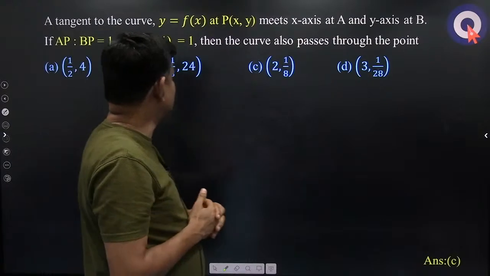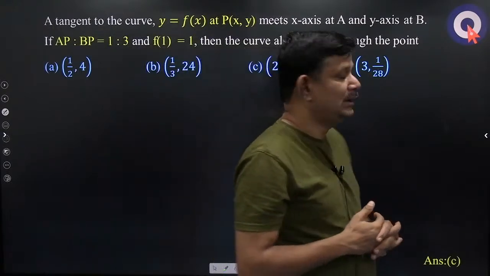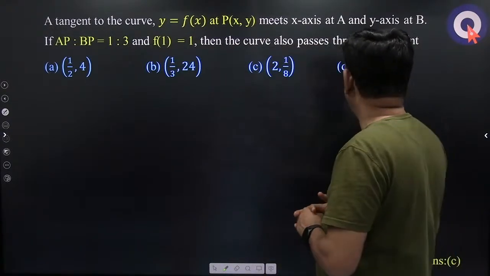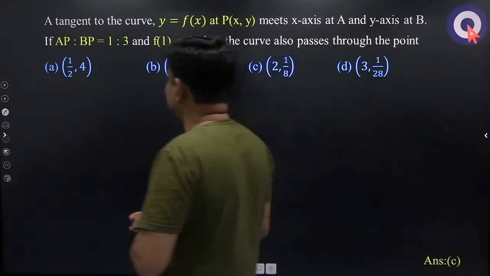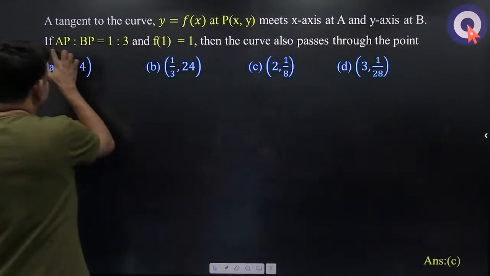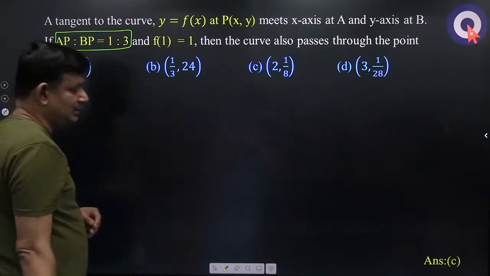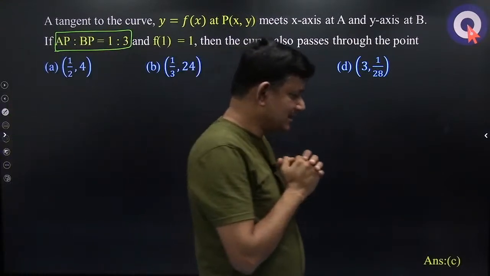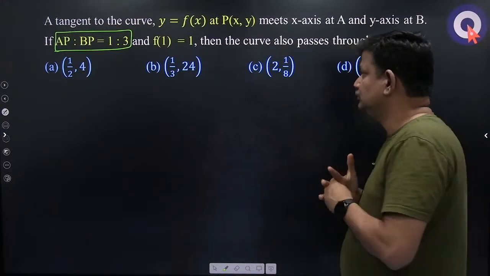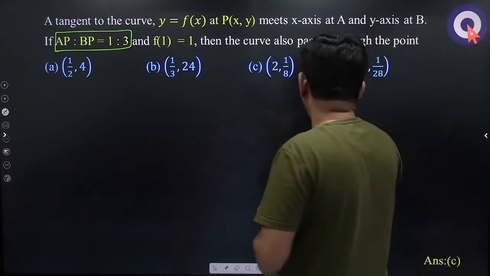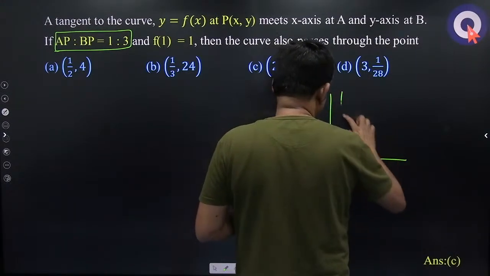There is a tangent which meets x-axis at A and y-axis at B, such that AP is to BP is 1 is to 3. AP is to BP is 1 is to 3. Read the question, understand it carefully. A tangent to the curve y is equal to f of x. There is some curve.